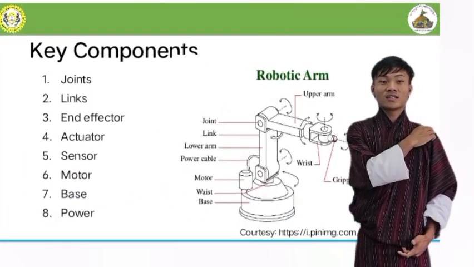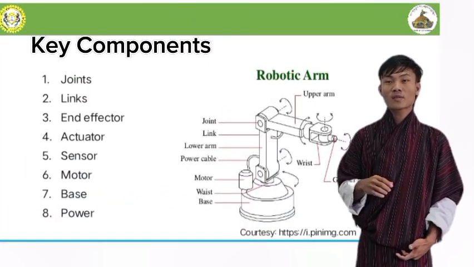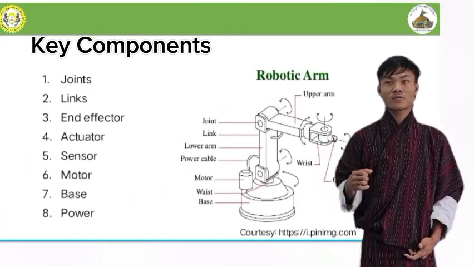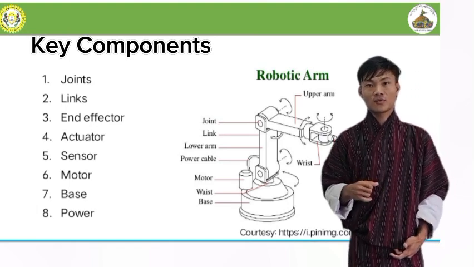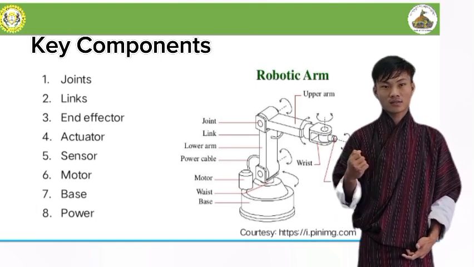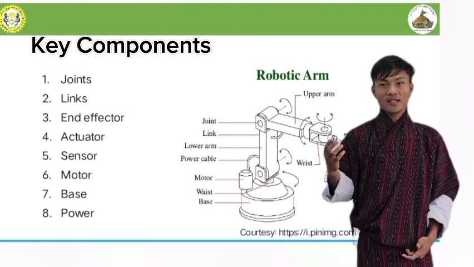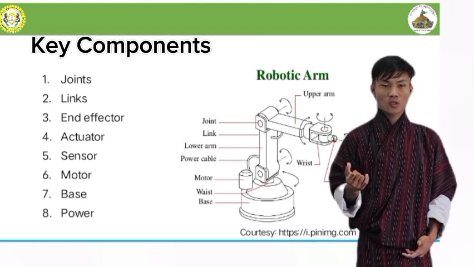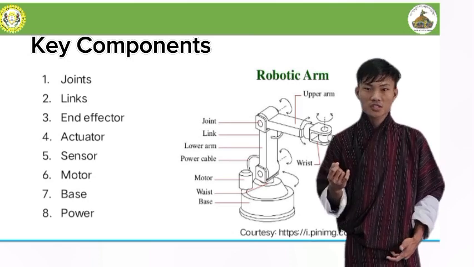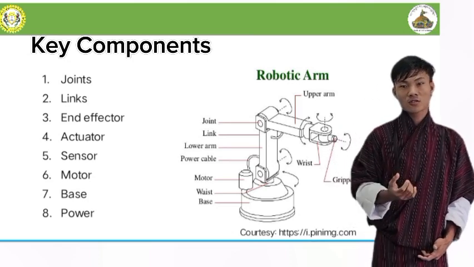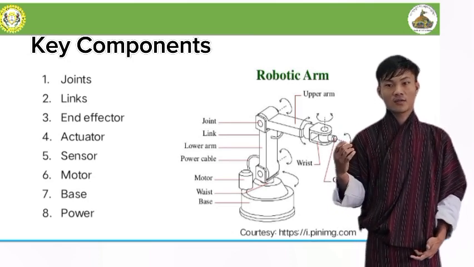So the key components of a robotic manipulator or robotic arm are: first we have the base, second the joint, third the links, end effector, actuator, sensor, control system, motor, and lastly we have the power supply.